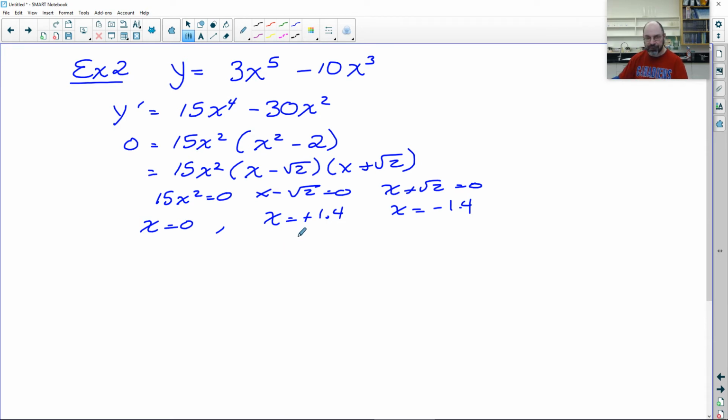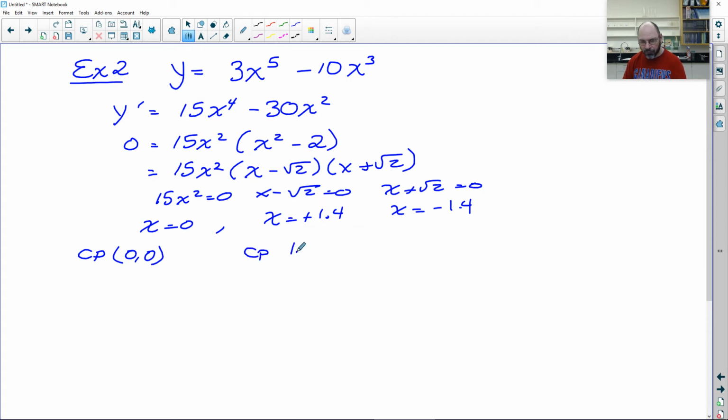Okay, so if we plug in our numbers, we have a critical point. Remember, we're doing the same 5 things that we did before. At 0, 0, we have a critical point.